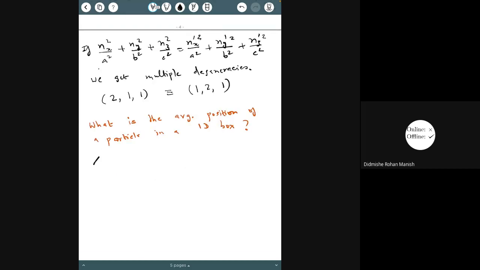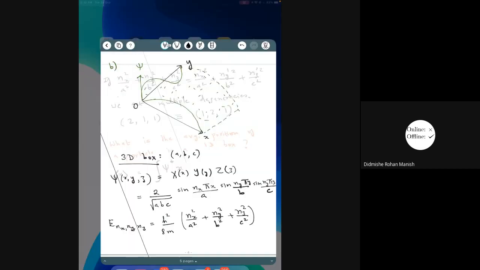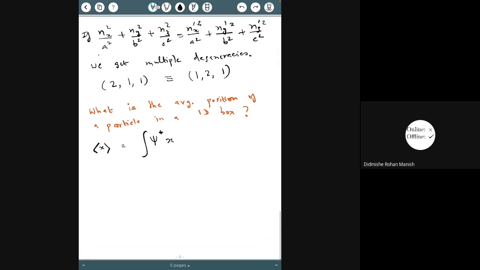So we have to find out basically the expectation value of x. And the standard way of doing that is you take psi star, you have x, and you have psi, and you multiply over the volume element, which in this case is simply dx, and you divide by the overlap of the wave function with itself.